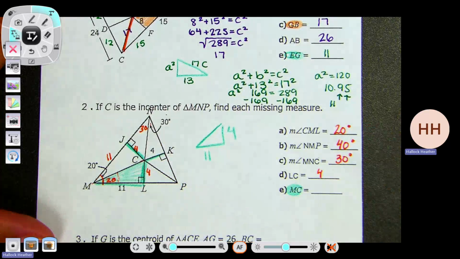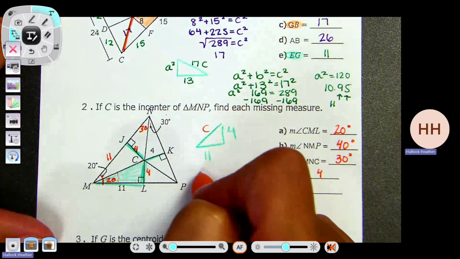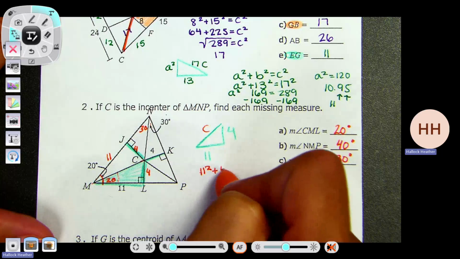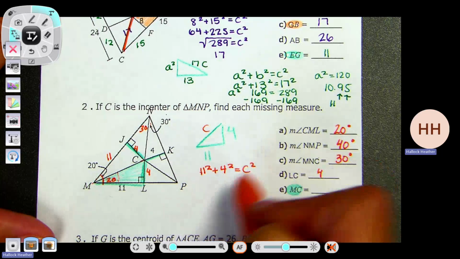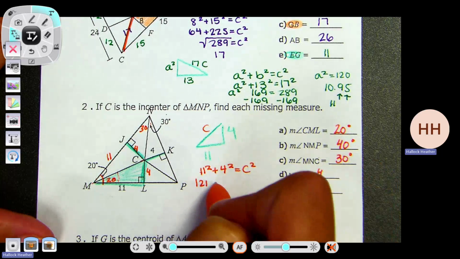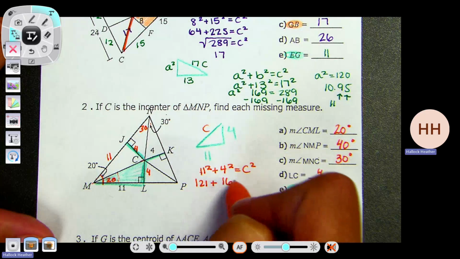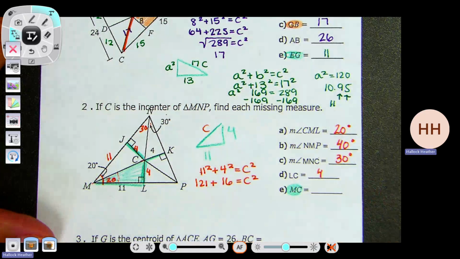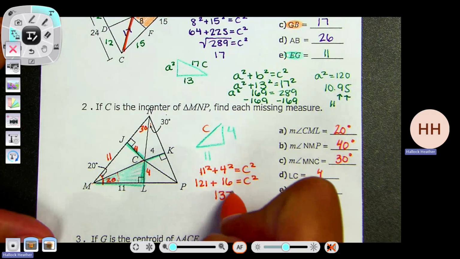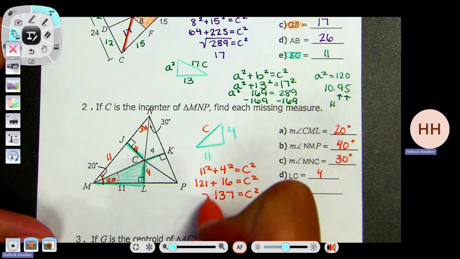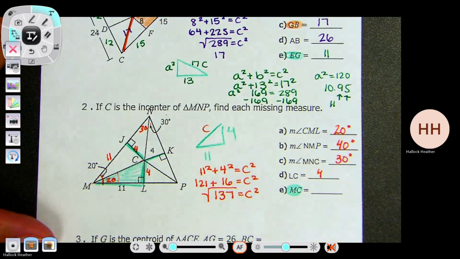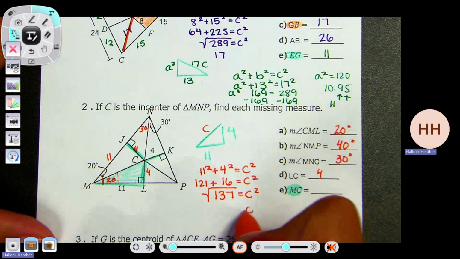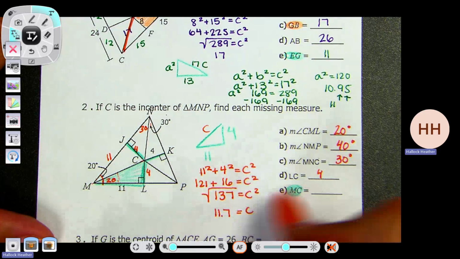I have to find the hypotenuse, which is C. So 11 squared plus 4 squared equals C squared. 11 squared is 121. 4 squared is 16. I'm going to add them together, which makes 137. And I'm going to square root it. So this gets you 11.7.